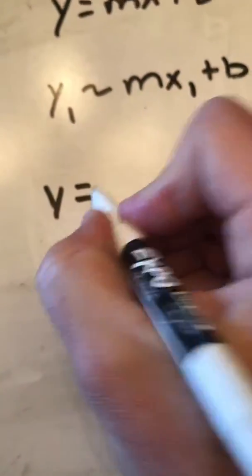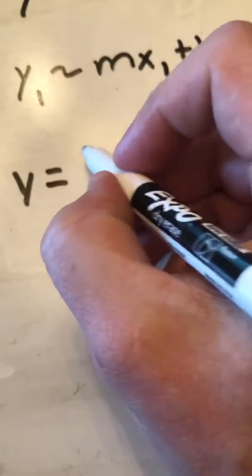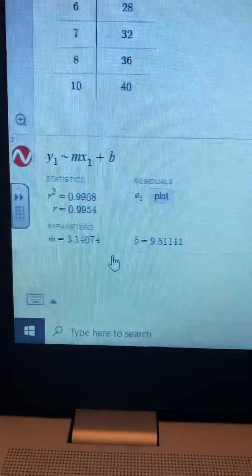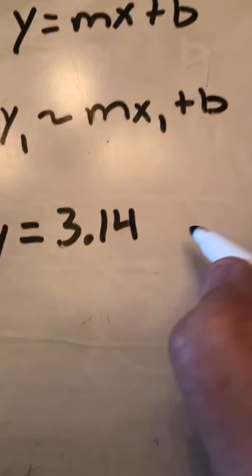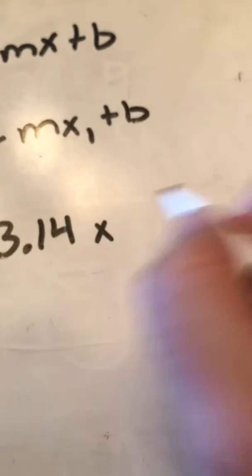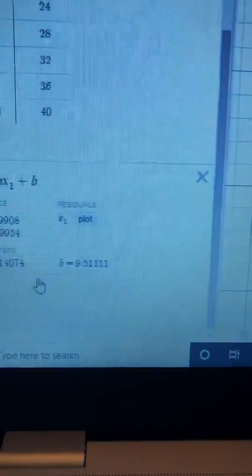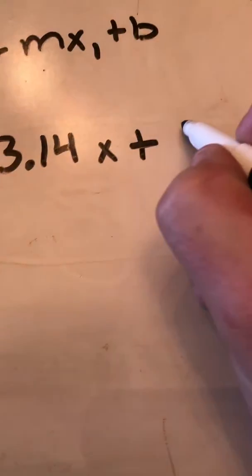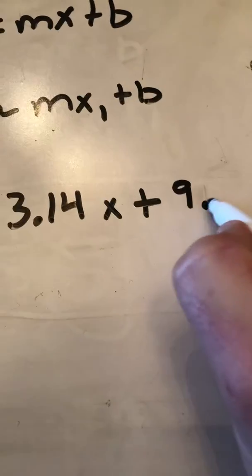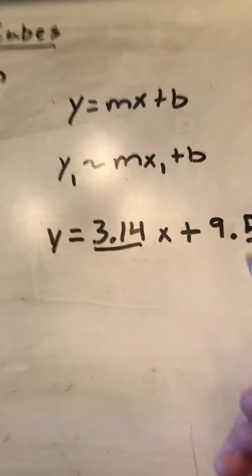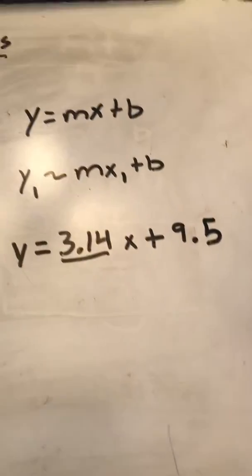So, my equation, as it's given to me here, is going to be y equals 3.14x plus 9.5, and yes, I'm going to round that. And I know that we've said all year that your slope really needs to be in fraction form.